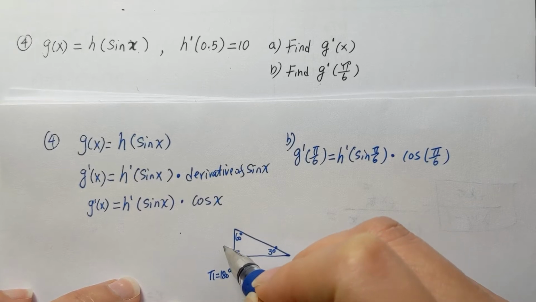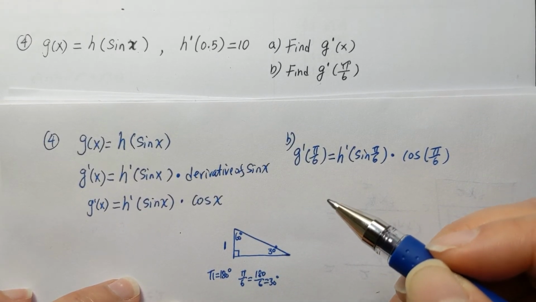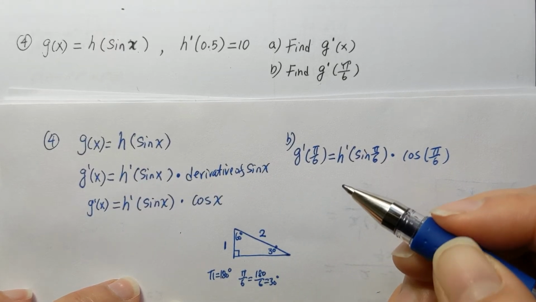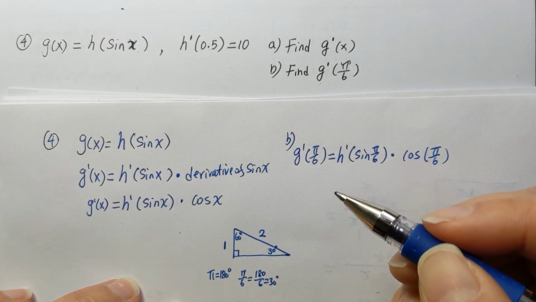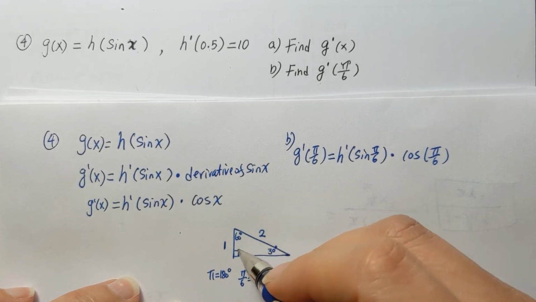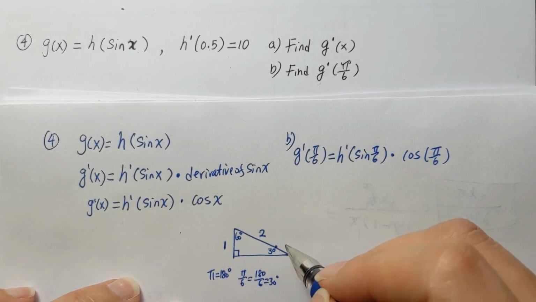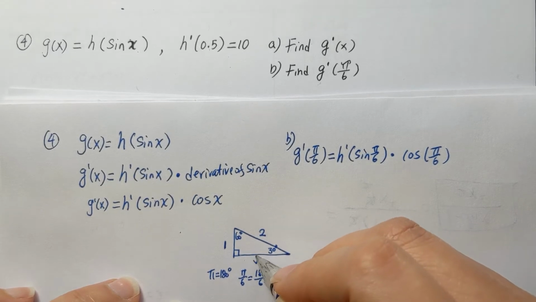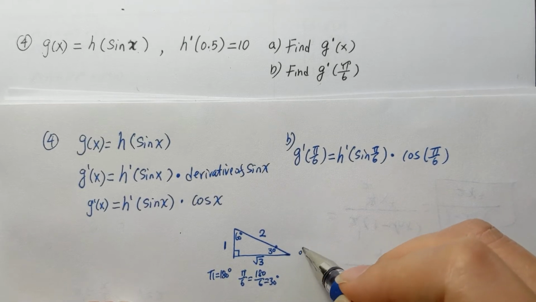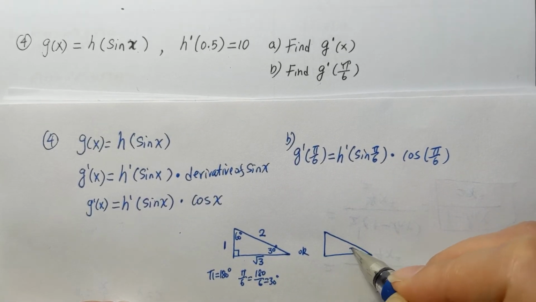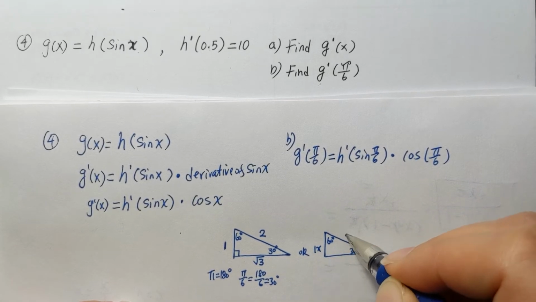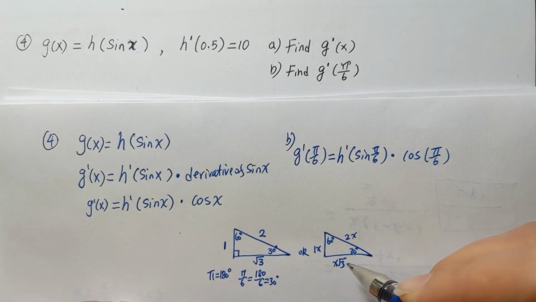So facing it, you put 1 or 1x, and then the hypotenuse, you put 2 or 2x. Then you come from the Pythagorean theorem: 2 squared, which is 4, minus 1 squared, so you got 3. You take the square root of that, so it becomes square root of 3. Of course, you can use the one with the x also: 1x, 2x, x square root of 3.